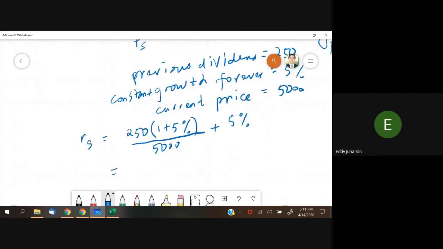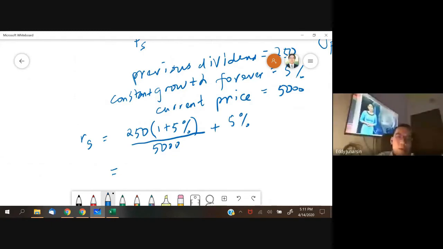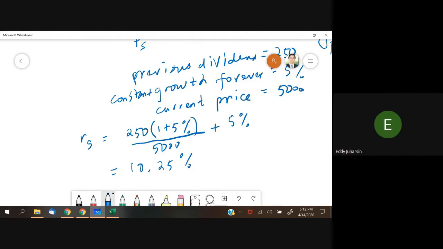So let's calculate quickly. 250. Okay. So we get 10.25%. So this is the required return by common stockholders, or the cost of equity to us.